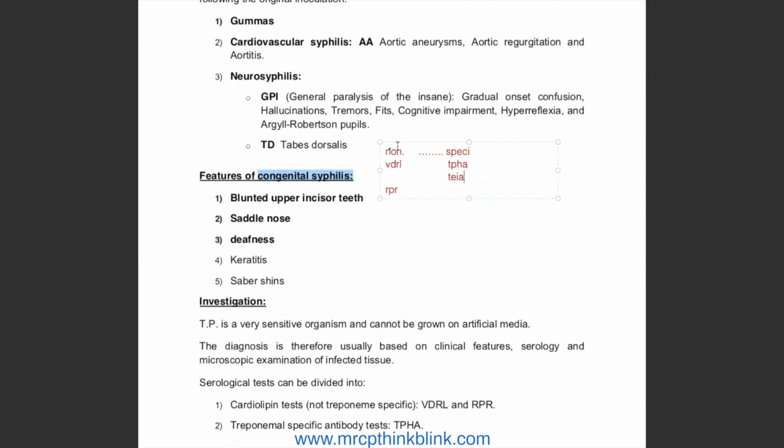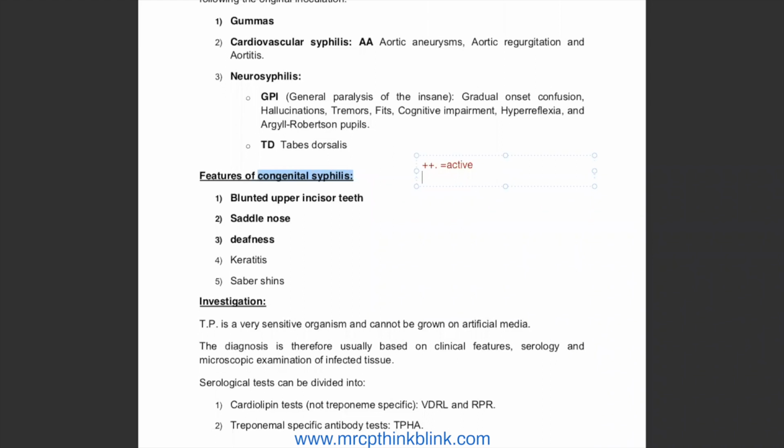You have to do both non-specific and specific tests in the same patient to diagnose definite syphilis. If non-specific is positive and specific is positive, it is active syphilis. Both are positive.